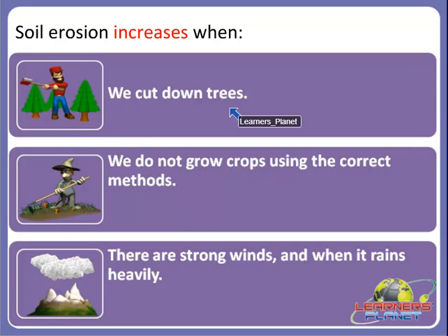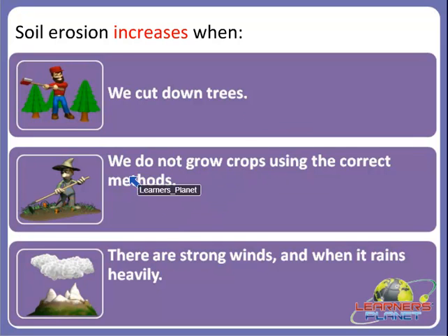This is very bad because if we cut down trees, then soil erosion will increase, and you know that soil erosion should not increase because plants will not grow, right? So always remember that soil erosion increases when we cut down the trees. So do not cut down trees.